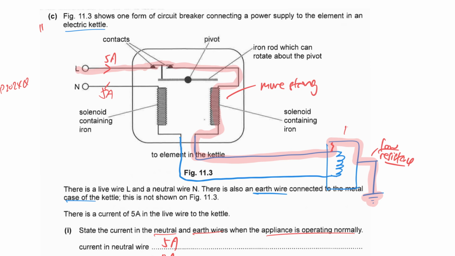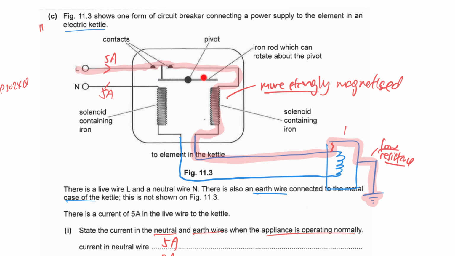Same thing, you do not mention that this solenoid will now be magnetized, because previously when 5 ampere current flowed through and it is working normally, both are already magnetized, remember? It's just that now with a fault, the short circuit current flows through here, it will be more strongly magnetized and it is strong enough to attract the iron rod.